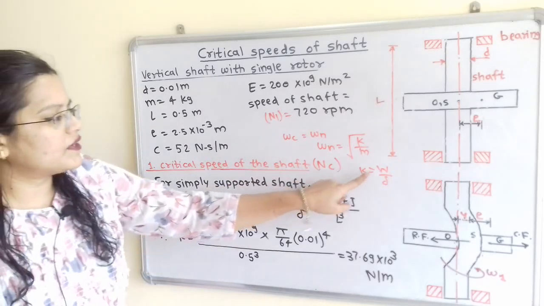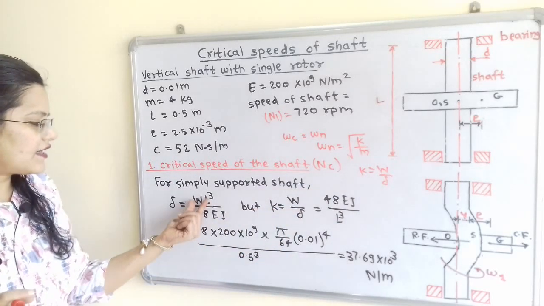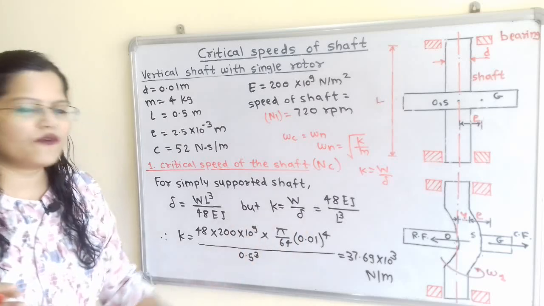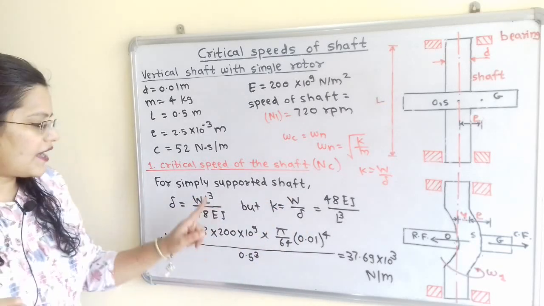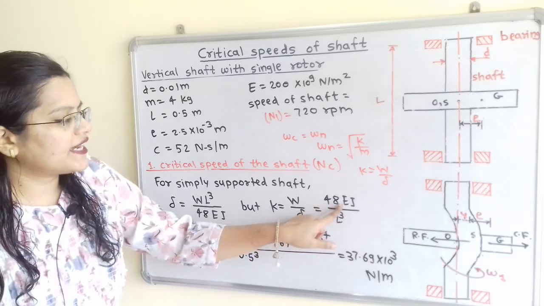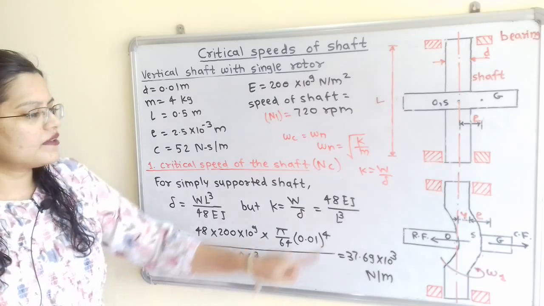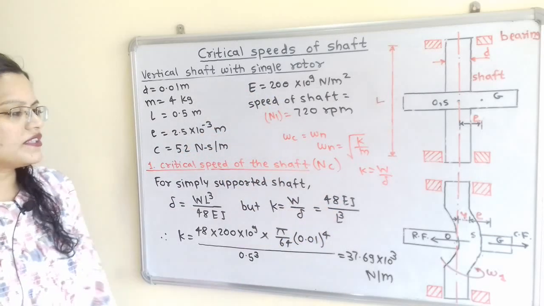But K is equal to W by delta, so we put the value of delta, that is WL cube divided by 48 EI. Then W and W get cancelled, and when we simplify we get K is equal to 48 EI by L cube, where E is the modulus of elasticity mentioned in the question.